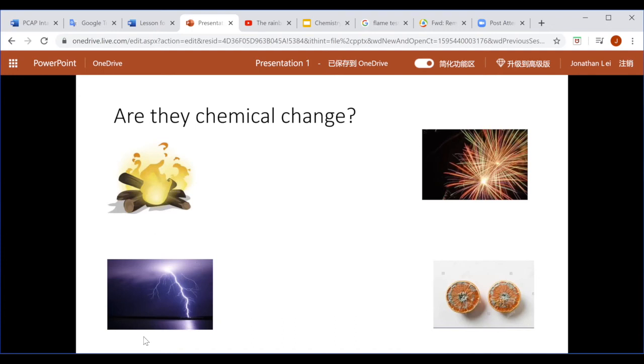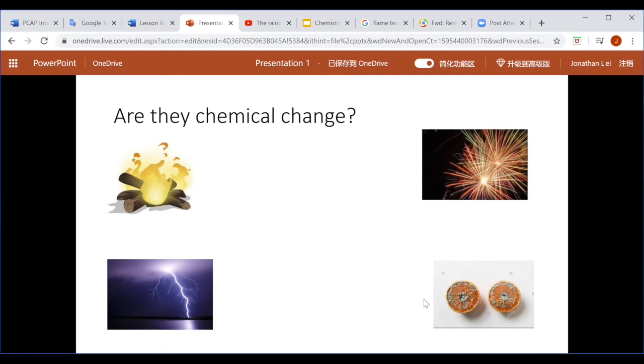Okay. Did you get it? Yes. Okay. How about orange goes bad? Is it chemical change? Physical. I think it's chemical. Right. What kind of new substance do you think it produced?